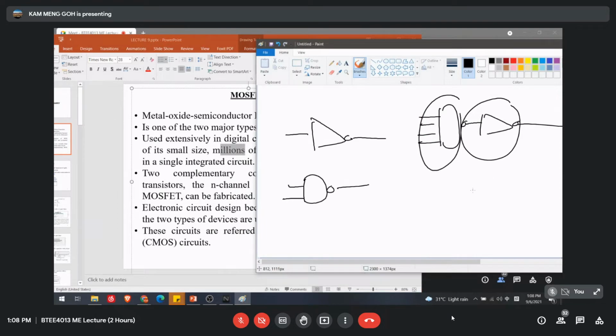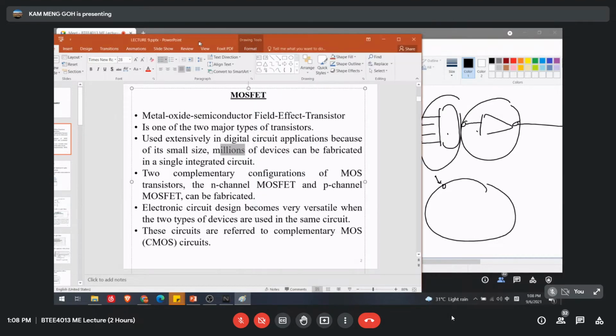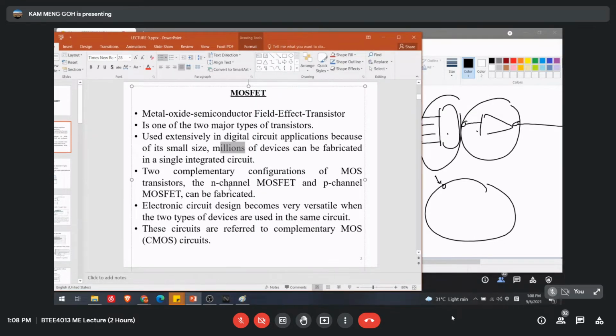Let's say this is a wafer, and it's just a small part around here. It will contain two things: one is the N-channel MOSFET, another one is the P-channel MOSFET. All these circuits we call complementary MOS circuits. That's why we call it CMOS.